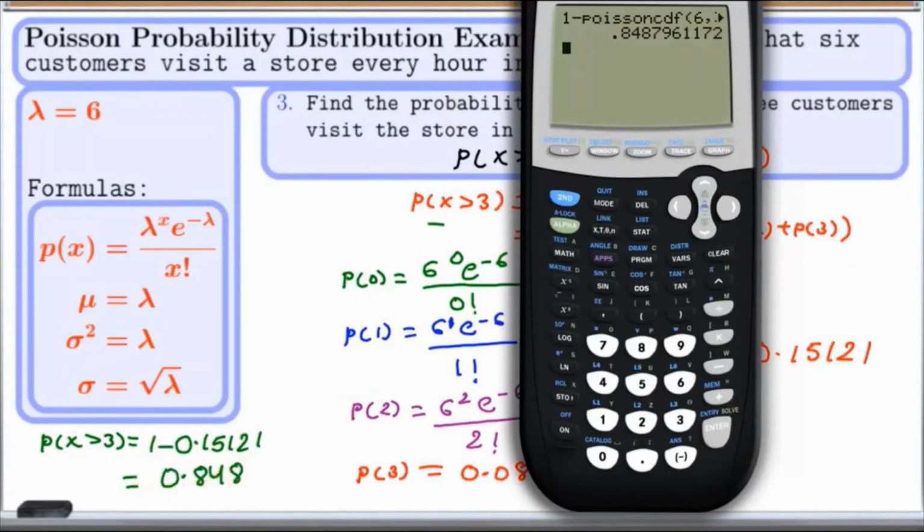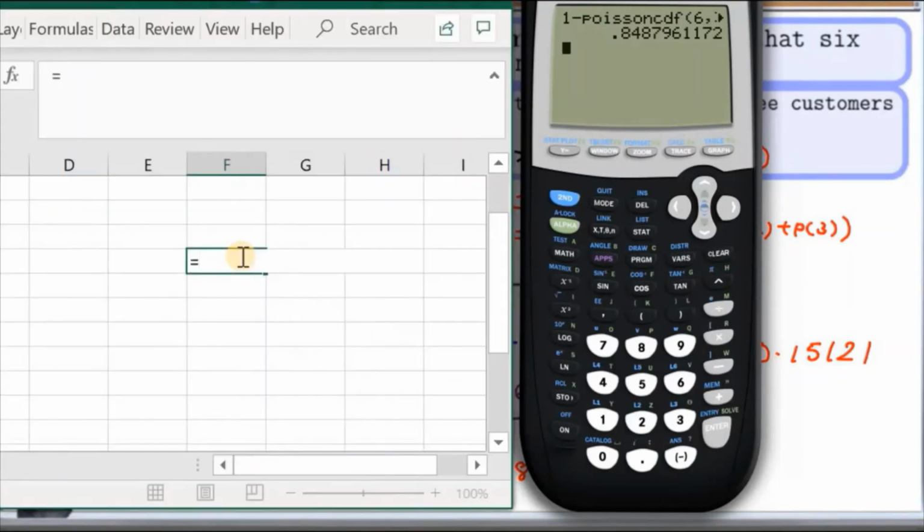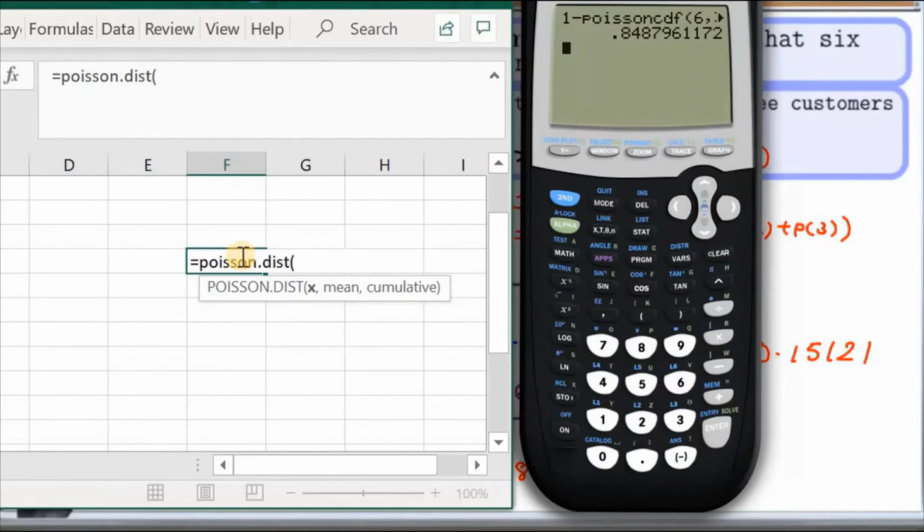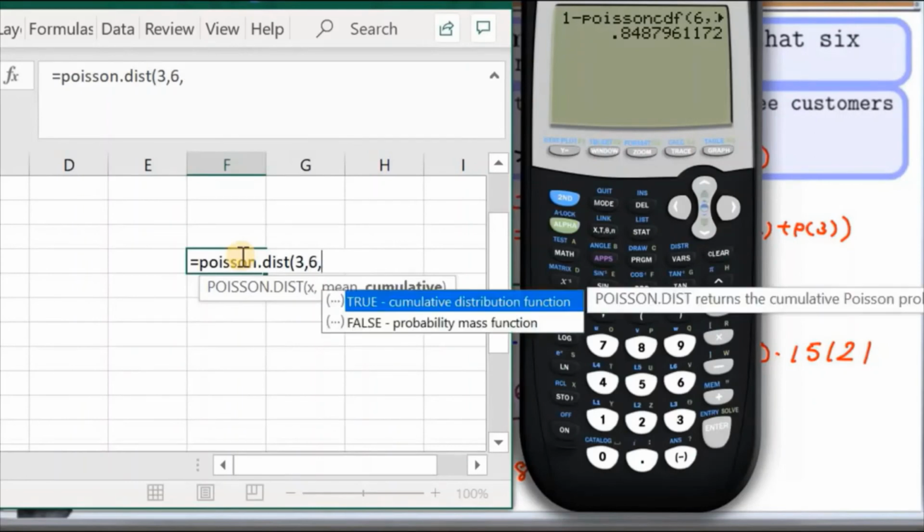Now let me show you how to get this probability using Excel. Type in equals, type in POISSON.DIST, then put parentheses. Our x here is 3, then our mean is 6, then comma, type true.